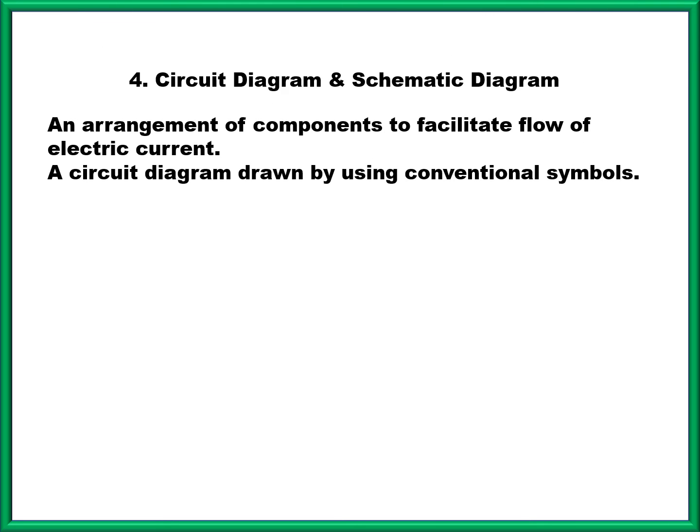A circuit diagram drawn by using conventional symbols. If you are drawing a circuit using the symbols that we have discussed in the last point, that diagram will be known as a schematic diagram. If you want to draw a schematic diagram, you need to use the conventional symbols.